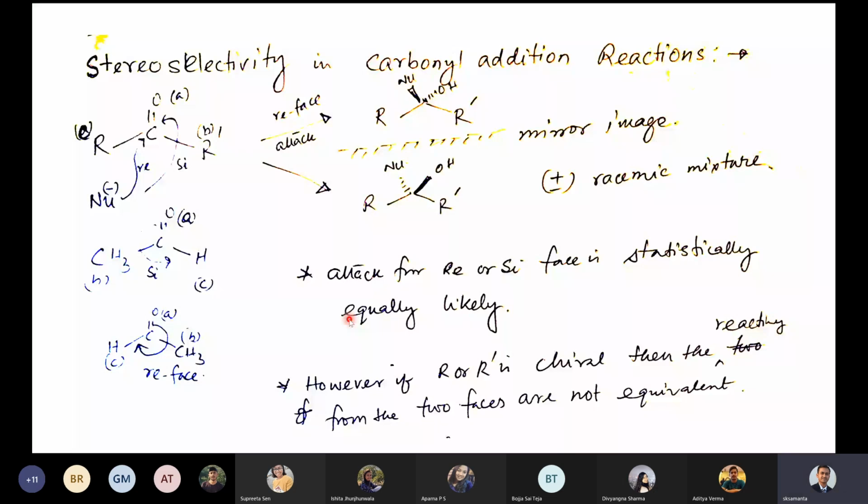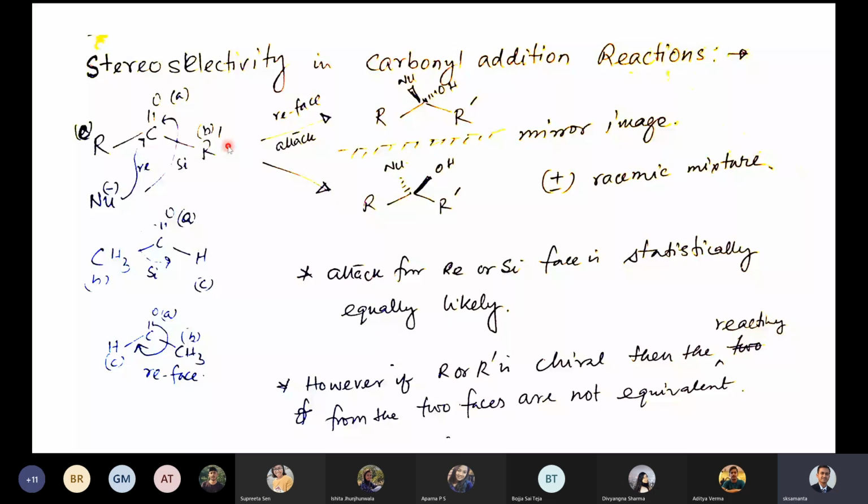In that case, attack on the Re phase or Si phase will depend on the chirality of this R or R prime group. Please understand this part. If you understand this much, the later one will be absolutely easy for you.